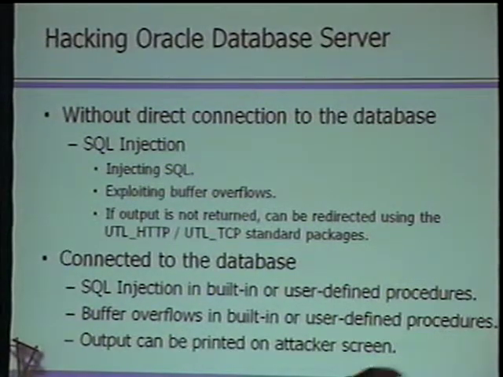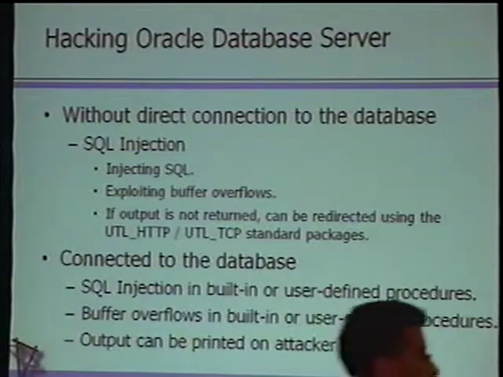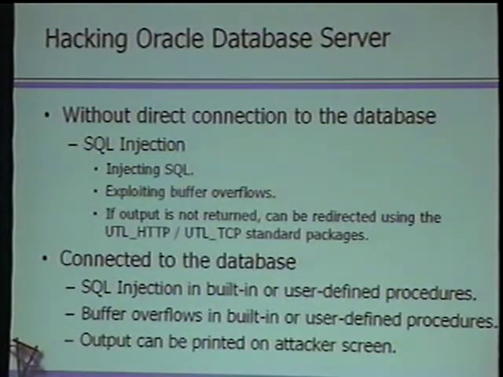With this, he can inject SQL commands and exploit buffer overflows of some packages that are installed by default in the database server, and the output can be retrieved, redirected using the networking packages such as UTL_HTTP or UTL_TCP.